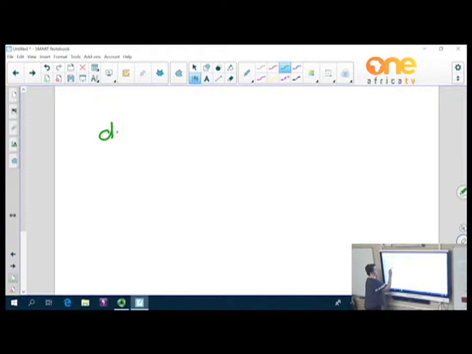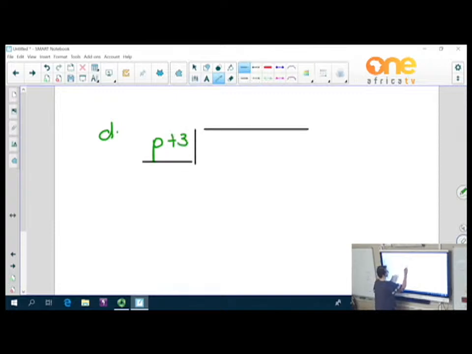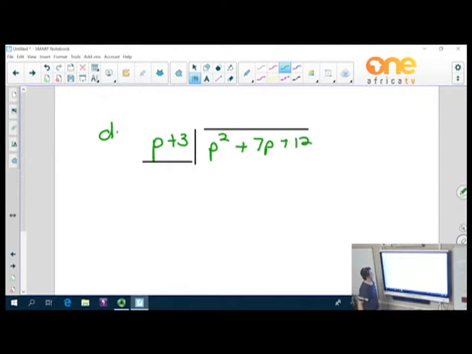The last one, number D. So I'm going to divide p plus 3 into p squared plus 7p plus 12. Divide, multiply, subtract.